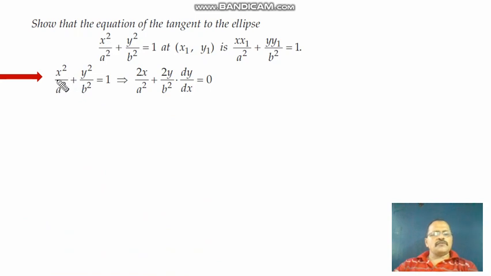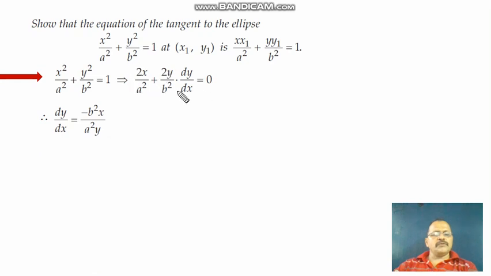Let us solve that. The given equation of ellipse is x square by a square plus y square by b square equal to 1. Let us differentiate this with respect to x. 1 by a square is constant, derivative of x square is 2x. 2x upon a square plus again 1 by b square is constant as it is, derivative of y square with respect to x is 2y dy by dx. The right hand side is 1 constant, derivative of 1 is 0.